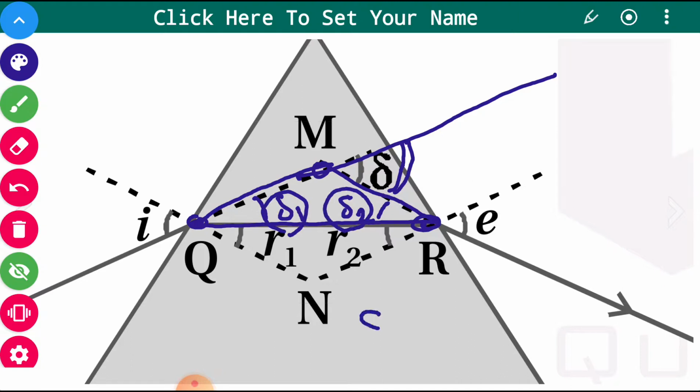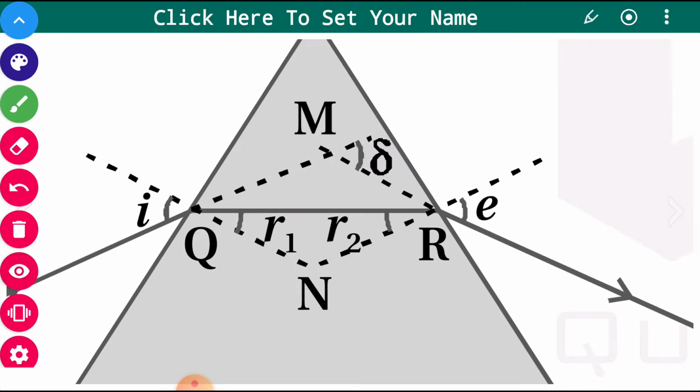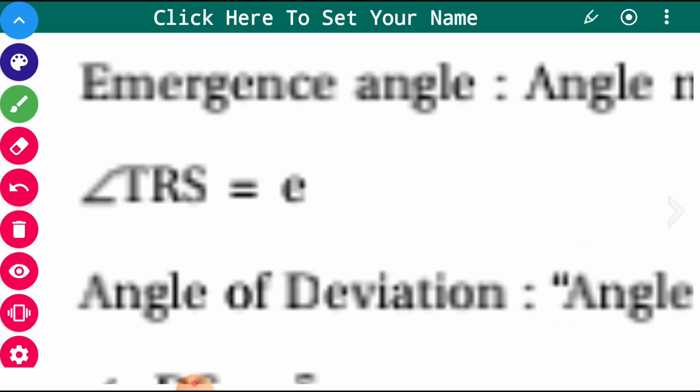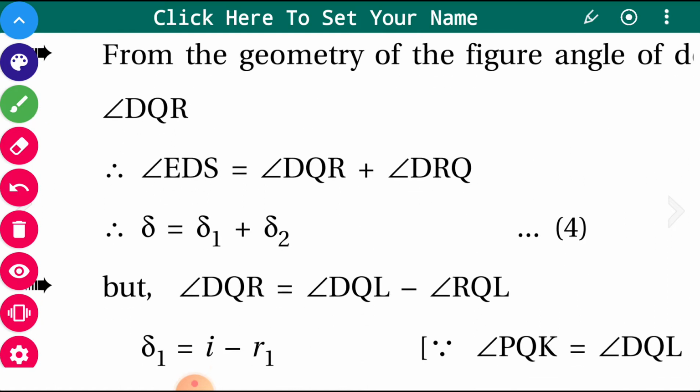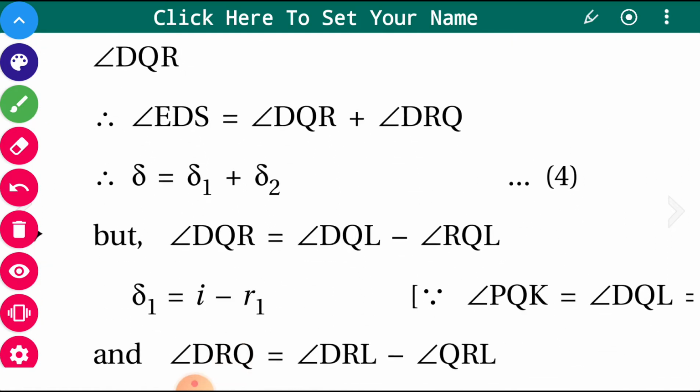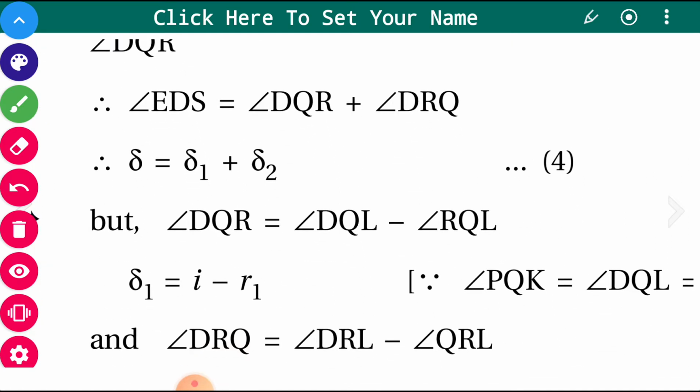So delta is equal to delta 1 plus delta 2.